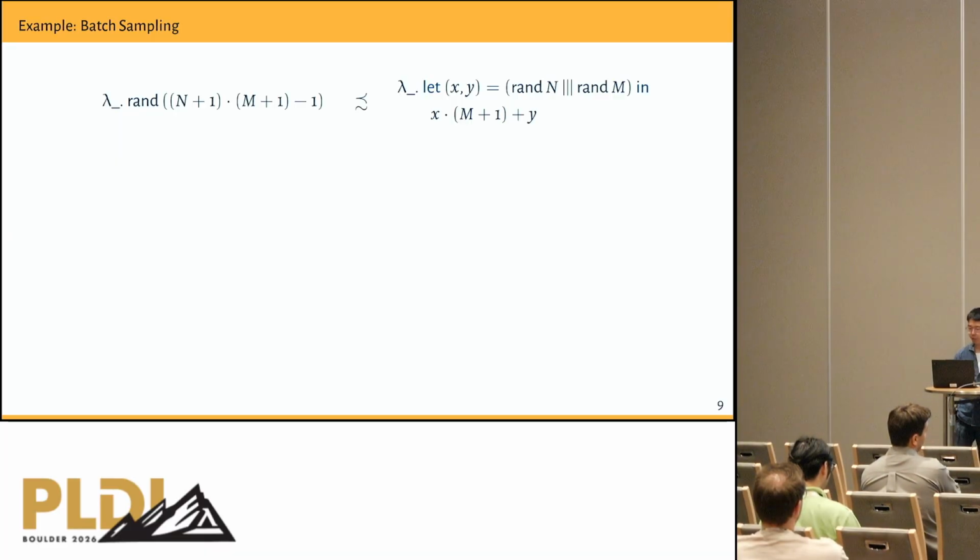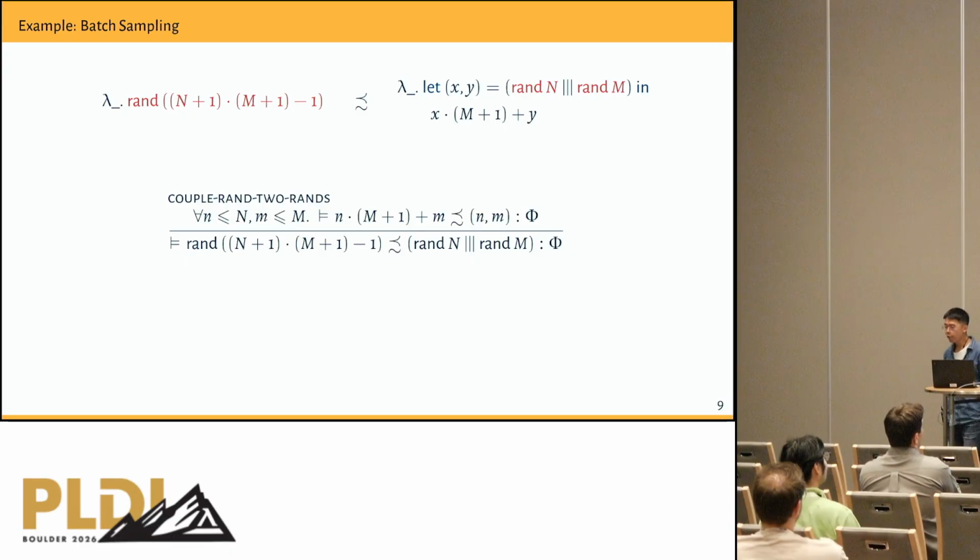The key idea of this proof is that we have to be able to relate the ran sampling on the left and the two random samplings that happen concurrently on the right program. To do so, Foxtrot introduces this rule that allows you to relate one ran on one side and two rans on the other. And you can see that in the goal of this rule, it exactly matches what we want.